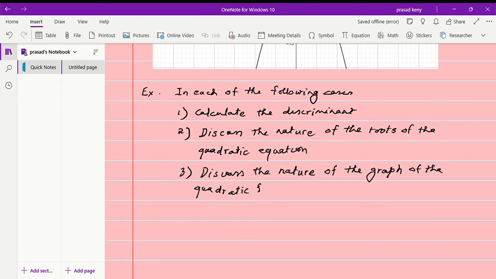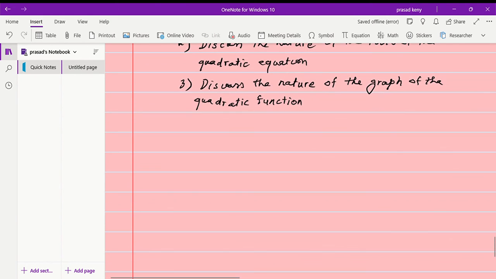Discuss the nature of the roots means obviously whether the roots are real, distinct or a single root, or non-real roots, and discuss the nature of the graph means whether it will intersect the x-axis in 2 points, it will just touch the x-axis, or neither intersect nor touch. So take these ones.